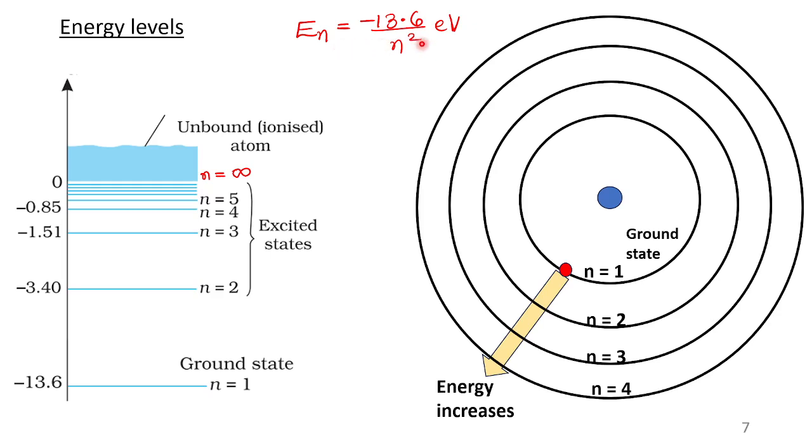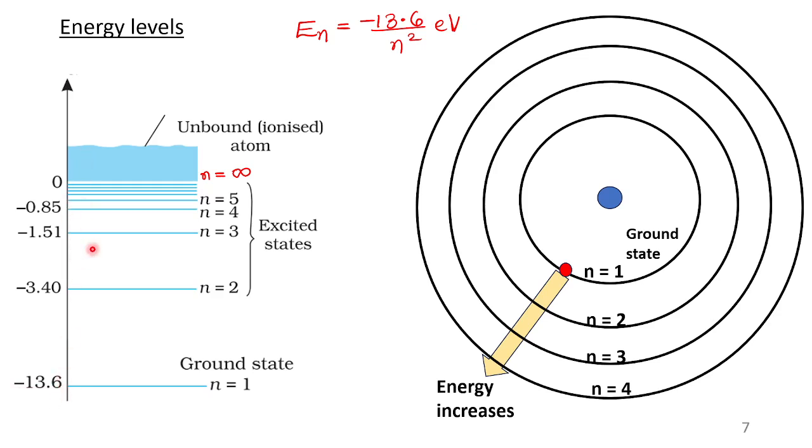If n equal to 1, you will get minus 13.6. In the ground state, the electron will have the energy minus 13.6 electron volt.